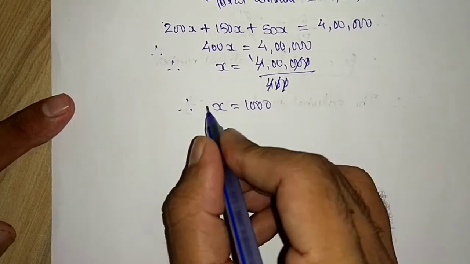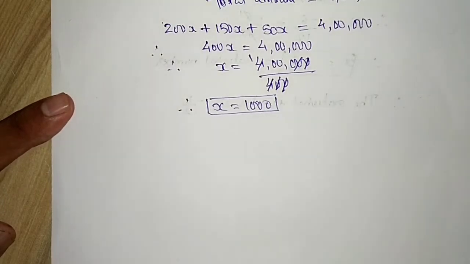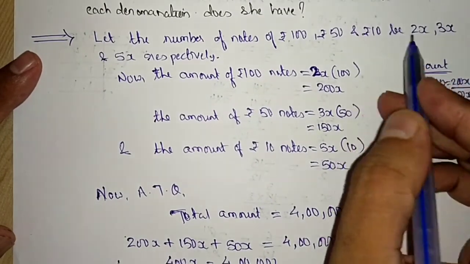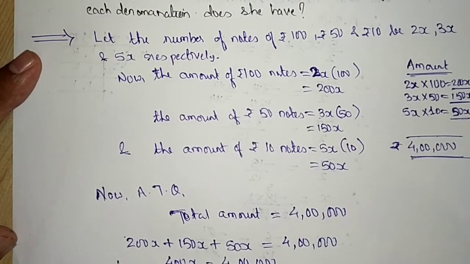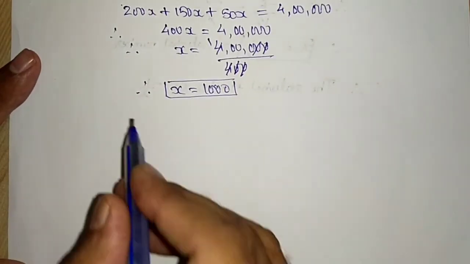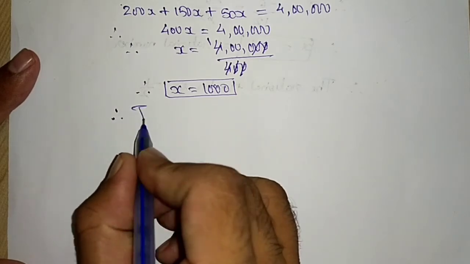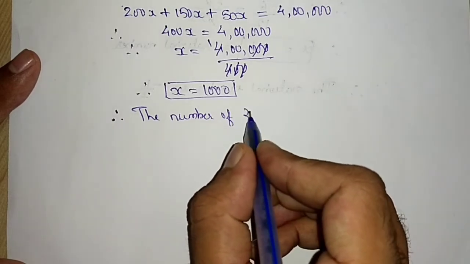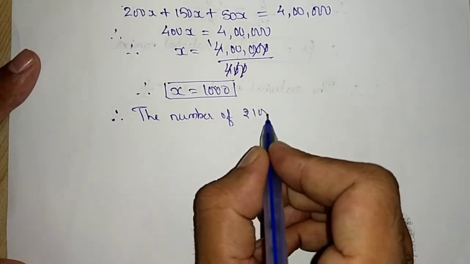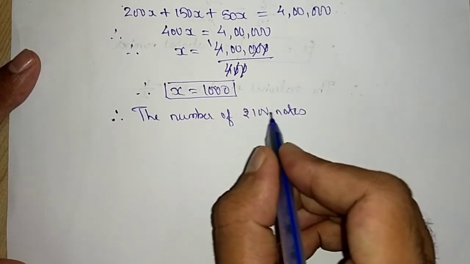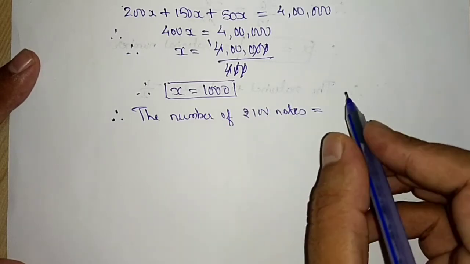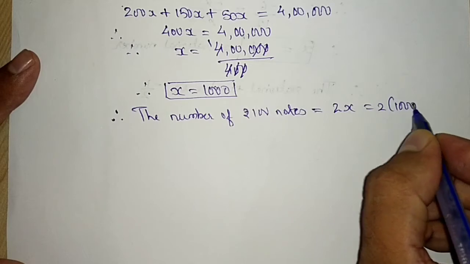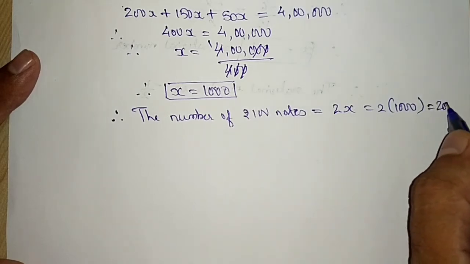This is not the answer, students. This x which we got, we will put in the respective number of notes, and we will get the number of notes. Therefore the number of rupees 100 notes is equal to 2x, which is 2 into 1000, equal to 2000 notes.